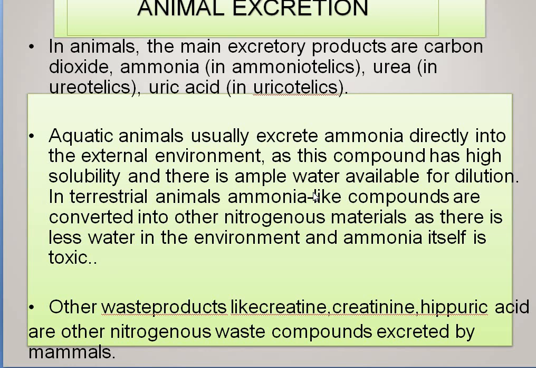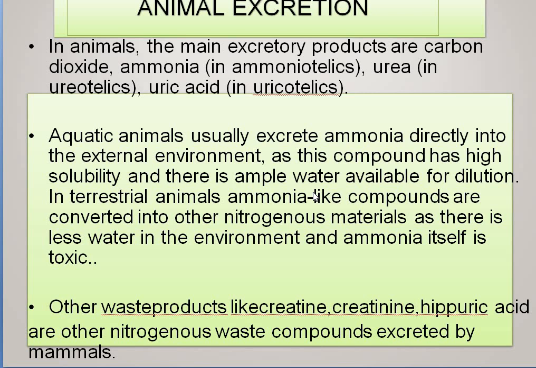So it occurs in aquatic as well as in land animals. To give you a few examples, cartilaginous fishes, frogs, turtles, alligators, mammals, etc. In all these, urea is the excretory product.